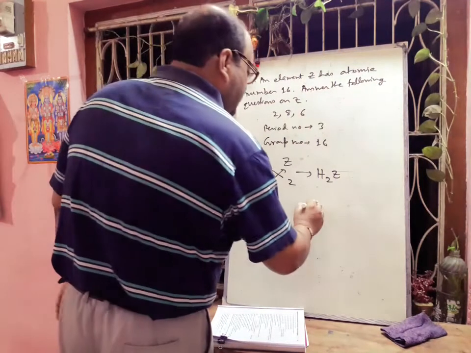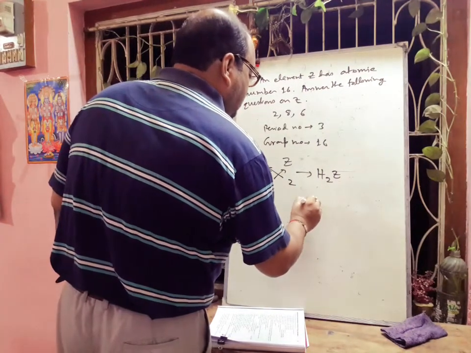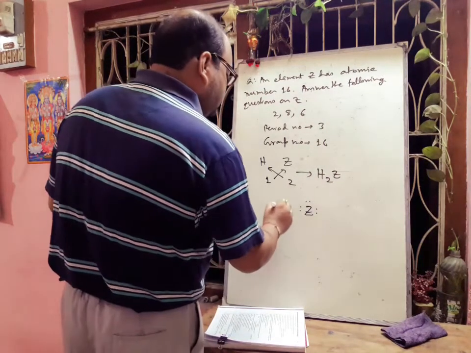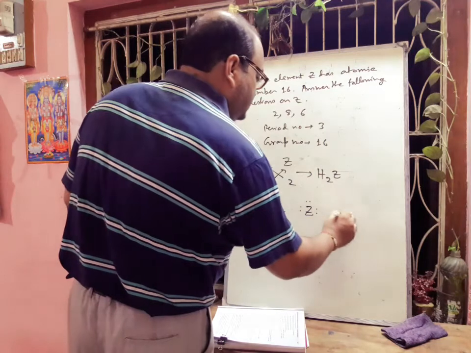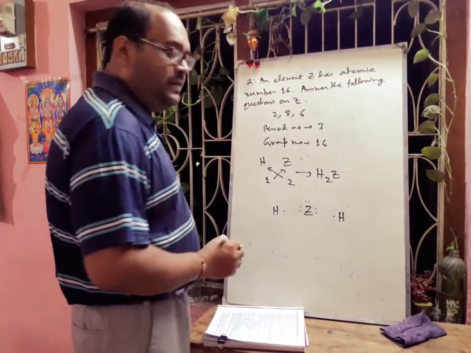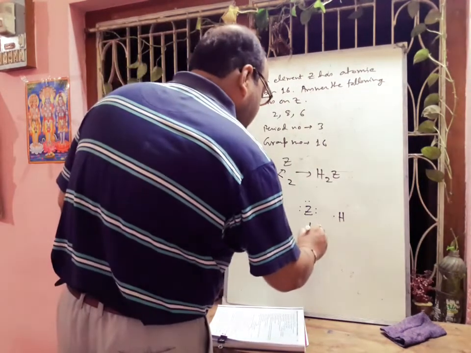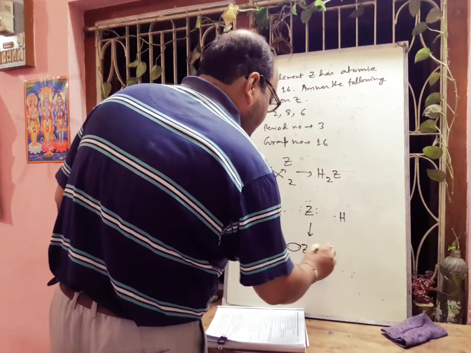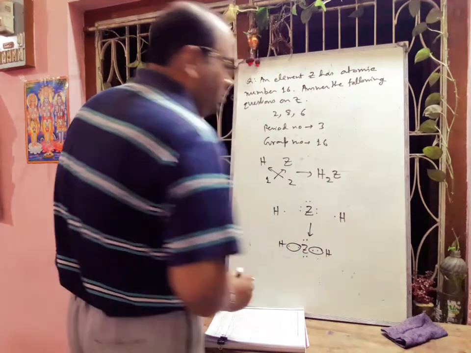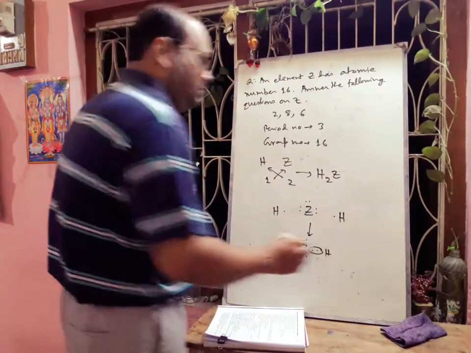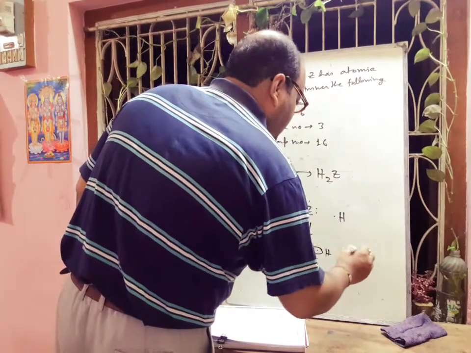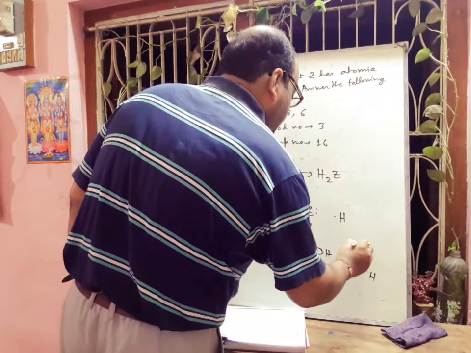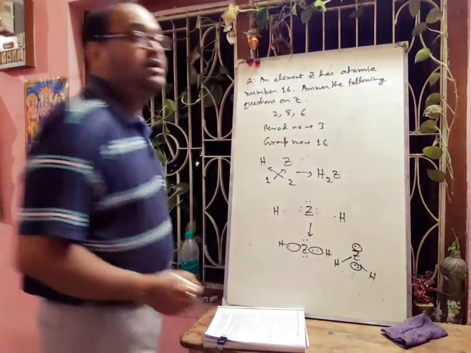Here Z contains 6 electrons, and hydrogen contains 1 electron each, so definitely there will be sharing of electrons. The structure of this molecule will be like this, and definitely it is a covalent compound.